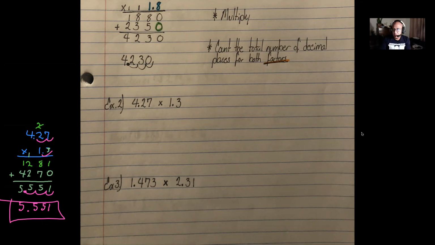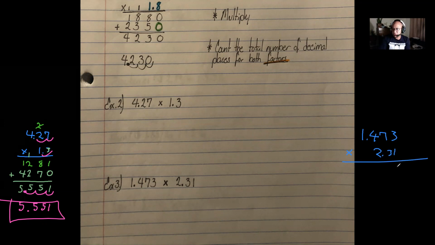So I'm going to make 1 and 473 thousandths go on top times 2 and 31 hundredths. I need to make sure that a number is always below another number.